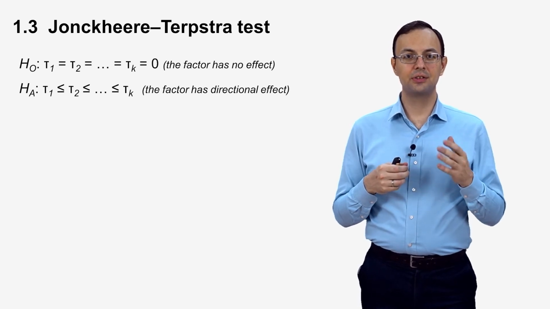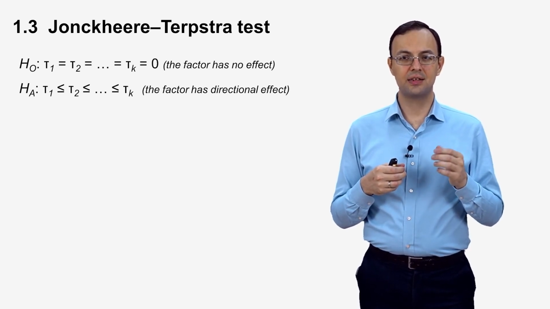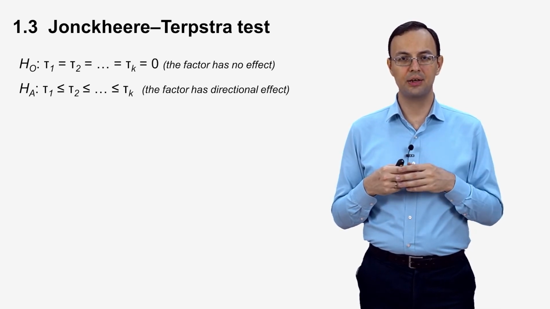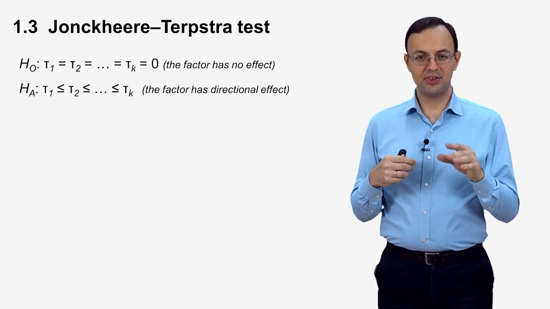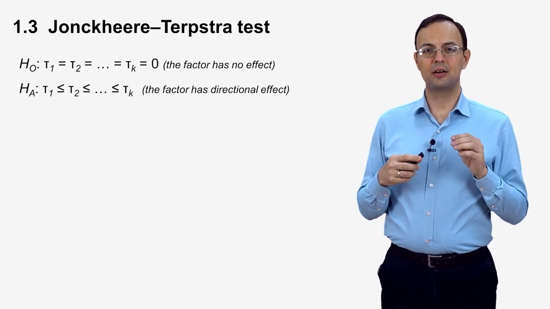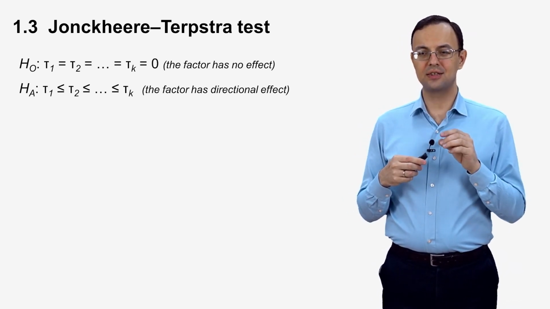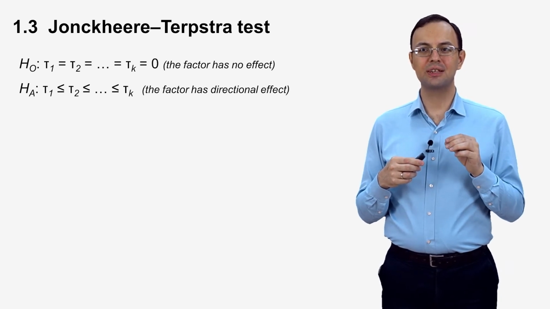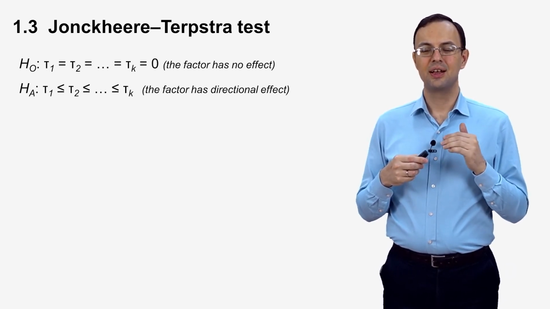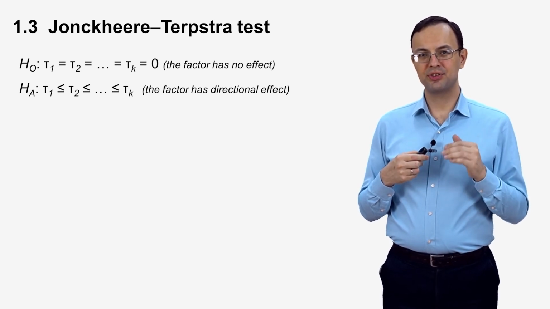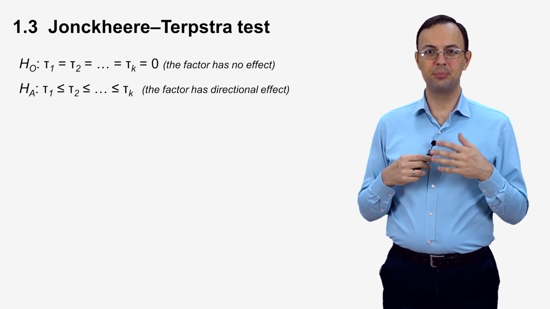Here you see the alternative hypothesis is that tau 1 is less or equal than tau 2, and tau 2 is less or equal than tau 3, and so on. To be mathematically absolutely strict, we also have to add that at least one of these inequalities is strict. If we don't add this, then the null hypothesis and the alternative one will not be mutually exclusive.